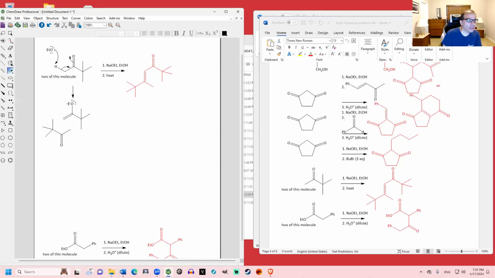So the aldol reaction continues. We reform the carbonyl. The enolate attacks the carbonyl of the other molecule. That's pretty much the definition of an aldol reaction: a nucleophilic addition to a carbonyl where the nucleophile happens to be an enolate.